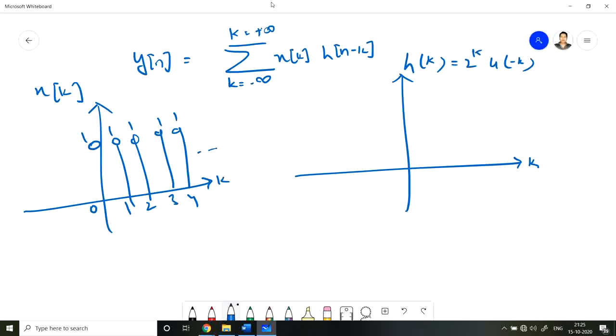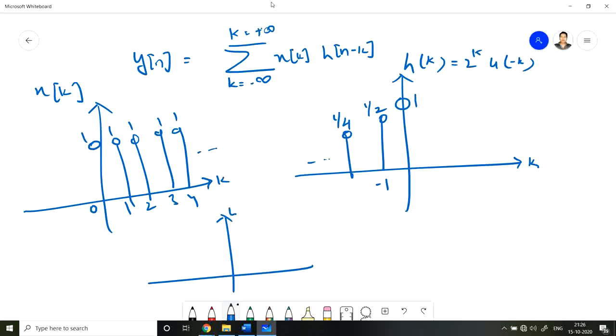For k equal to 0, it is 1, and because it is u[-k], it is defined only for negative values, otherwise it is equal to 0. For k equal to minus 1, it is 1 by 2. For k equal to minus 2, it is 1 by 4, and so on. So this is the graph of h[k].